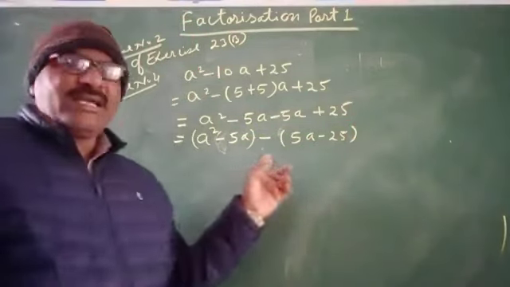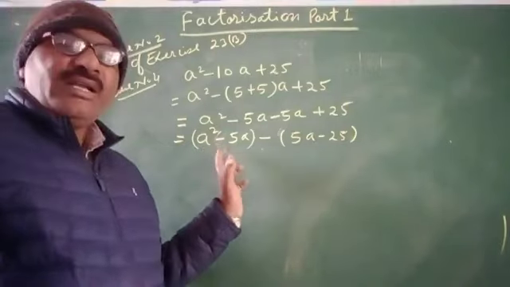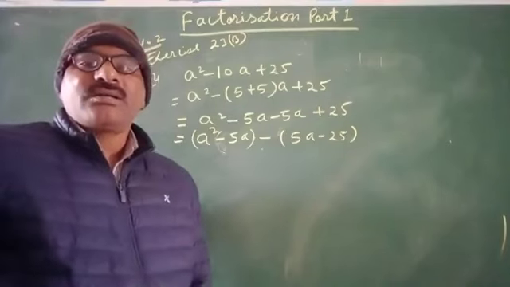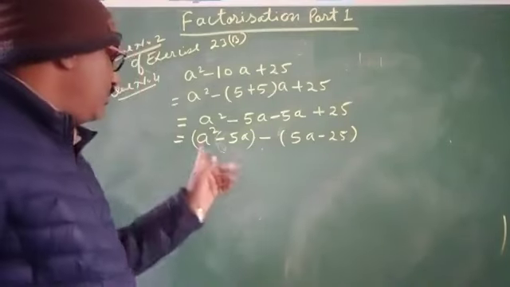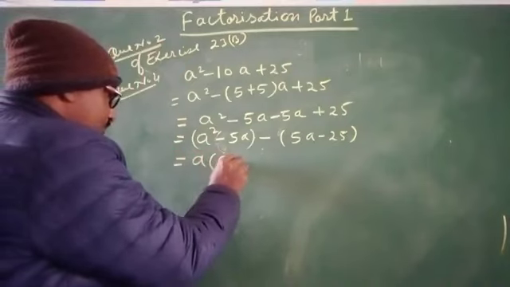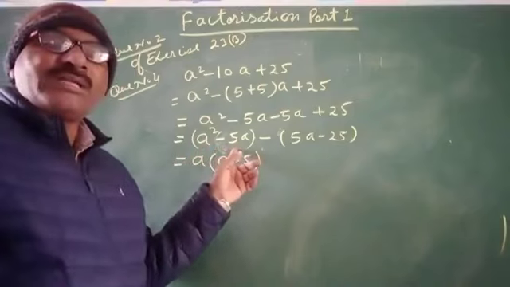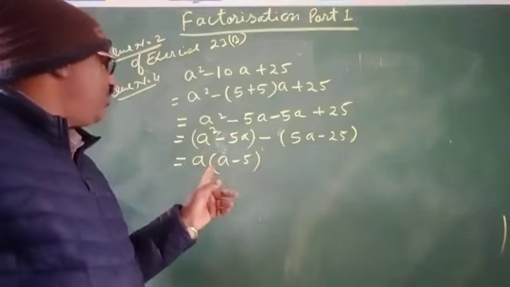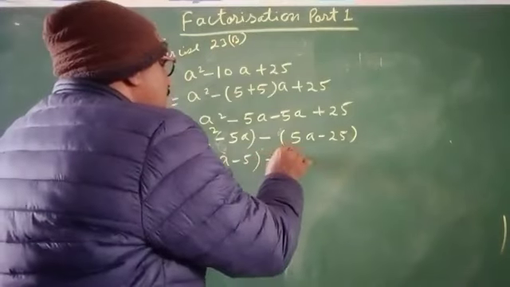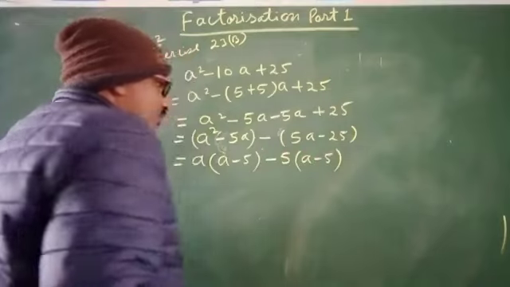In this group we see that a is common in both the terms. So I will take a common from this group, then it will be a minus 5. When you take a common from a square minus 5a, it will be a minus 5. Now here we take 5 common, then it will be equal to a minus 5.